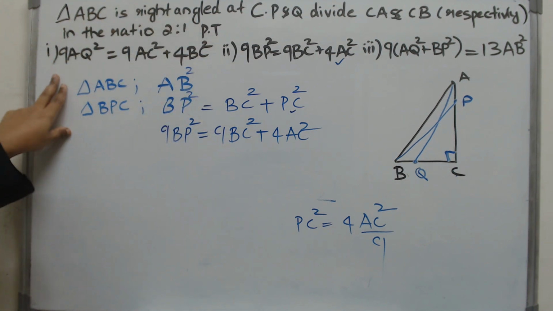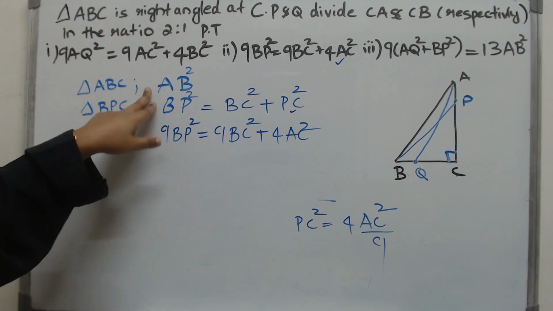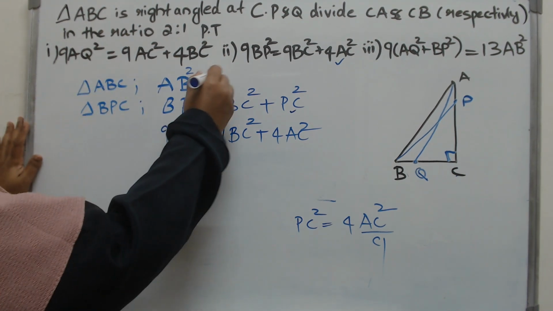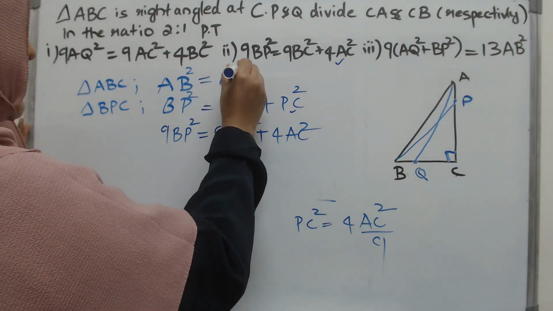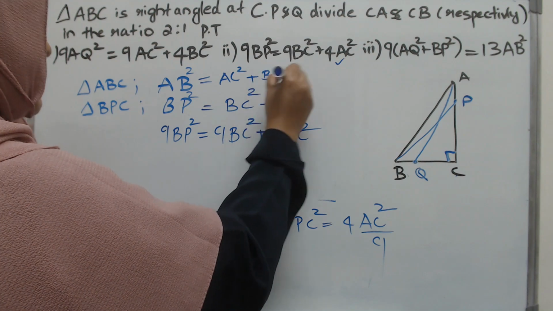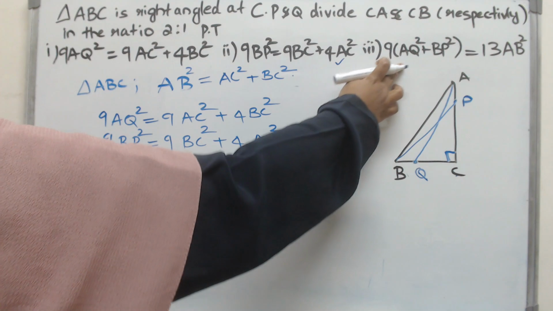Now for the third, our original, the biggest triangle. What is AB square? Look at the whole triangle. AB square is AC square plus BC square. Now look at the third result that you have to prove.